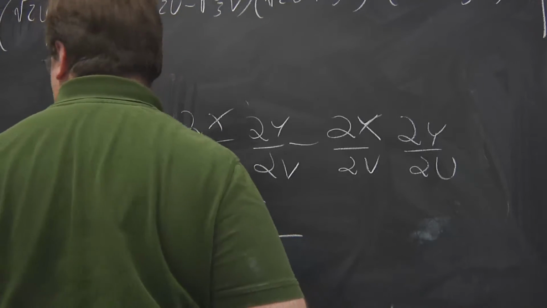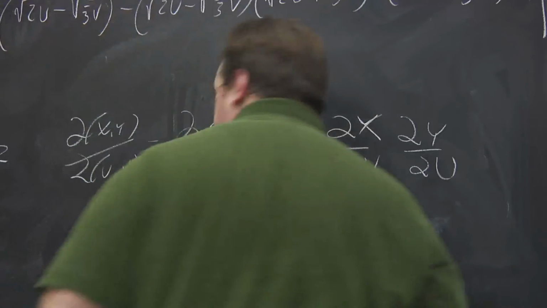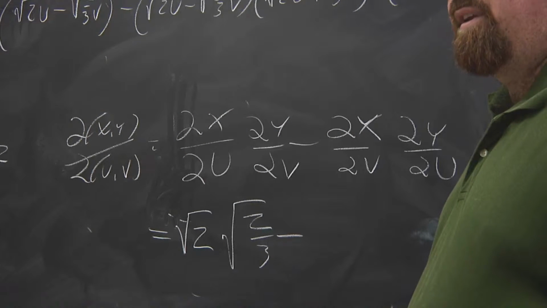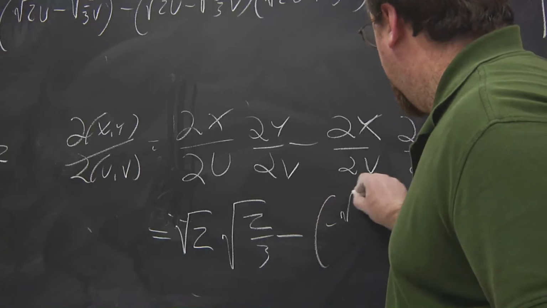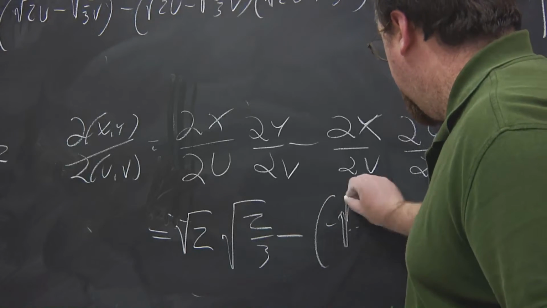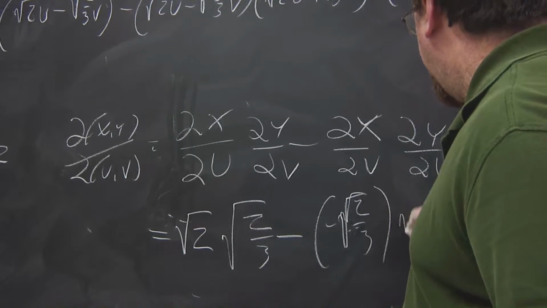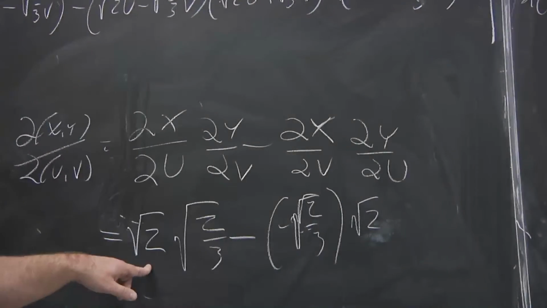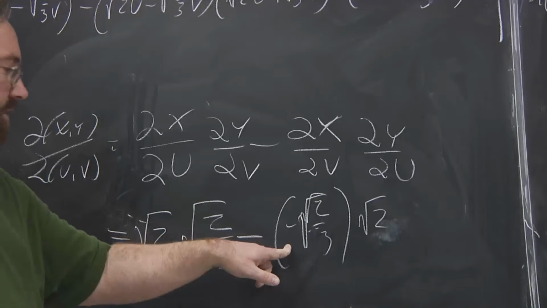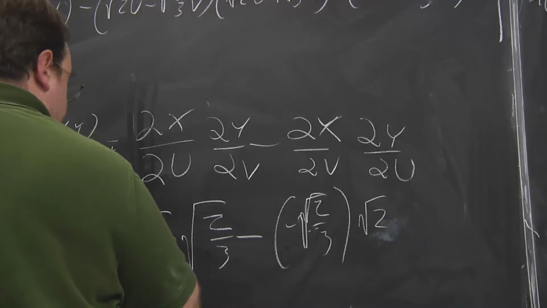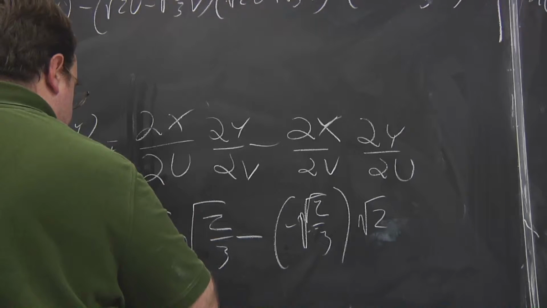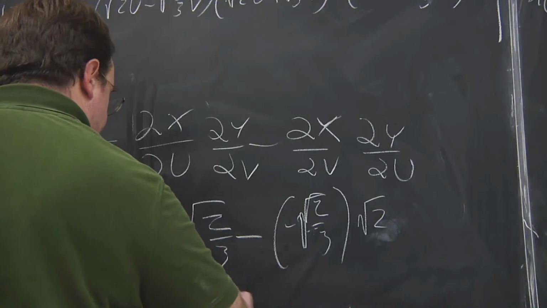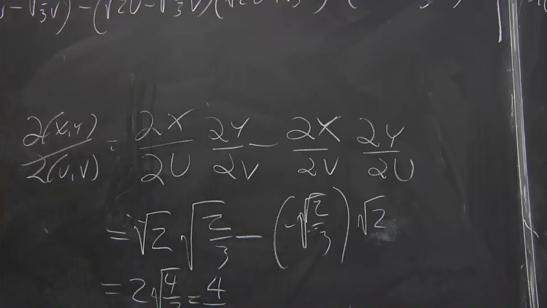A minus partial of x with respect to v? Yeah, minus square root of 2/3. dy/du, which is square root of 2 again. So what we're going to get is square root of 4/3 plus that again. So it's 2 square root of 4/3, or we get 4 over the square root of 3.